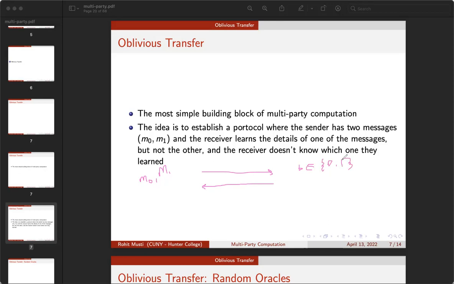Based on the receiver's bit, they should learn the details of the corresponding message. So if B is 1, they should learn message 1, but they should learn nothing about message 0.